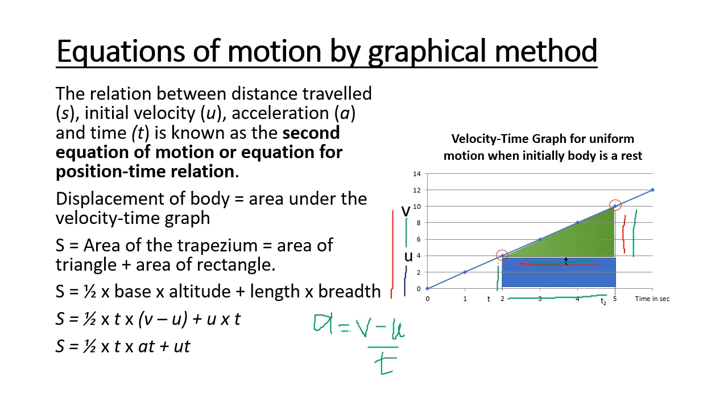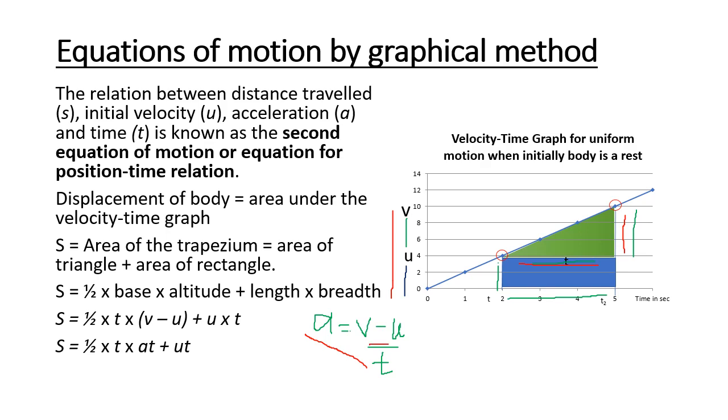Okay. So what they have done? They have moved the T to which side? The left side. So if you move the T here, what do you get? V minus U equal to AT.